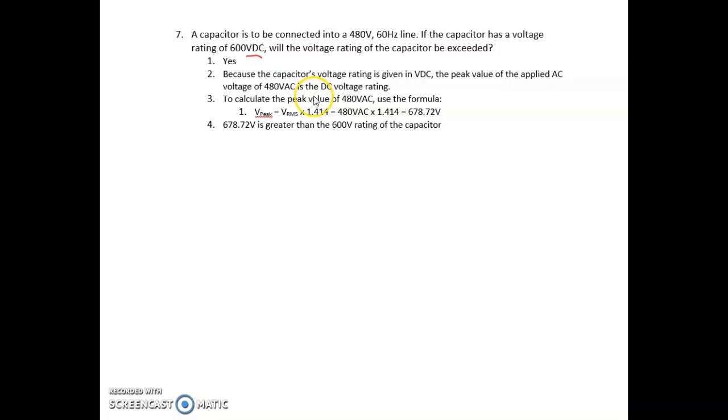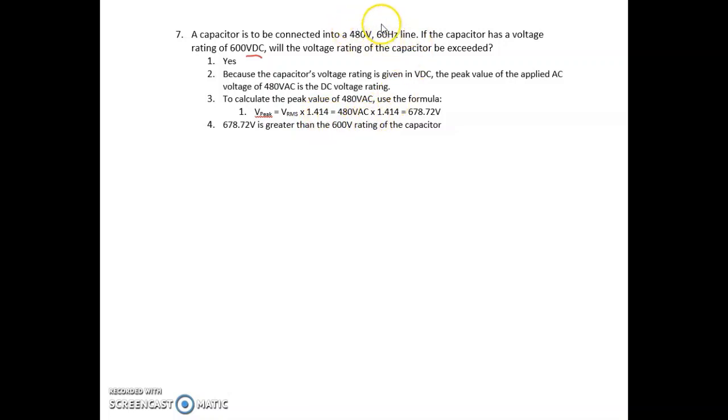Some chapters ago and some weeks ago we talked about this, but to calculate the peak value of 480 volts AC, which is the RMS value, we use this formula here. V peak equals V RMS times 1.414.